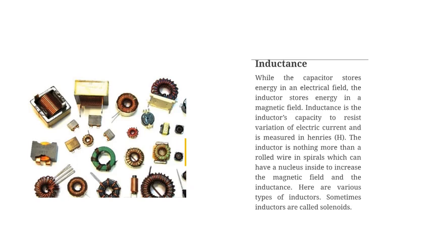The inductor stores energy in the magnetic field. Inductance is the inductor's capacity to resist variation of electric current, and this is measured in Henry, H. The inductor is more than a wire rolled in a spiral, which can have a nucleus inside to increase the magnetic field and inductance.